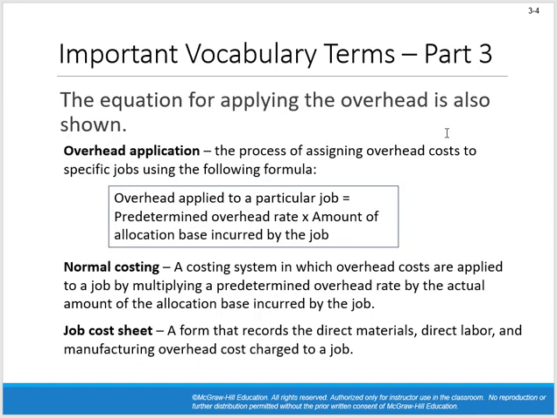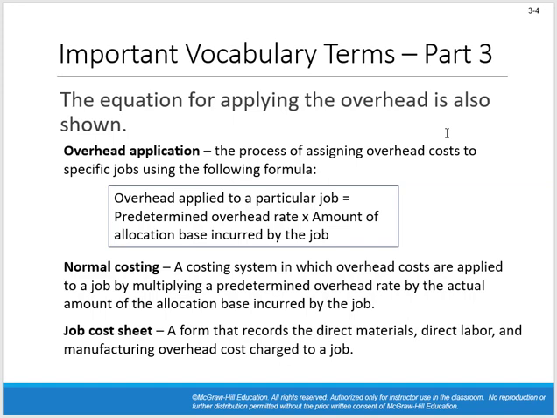More vocabulary. When we talk about overhead application, that's the process of assigning overhead costs to our specific jobs. So we're taking that predetermined overhead rate, which was an estimate divided by an estimate, but then we're multiplying it by the actual amount of allocation base incurred by that job.